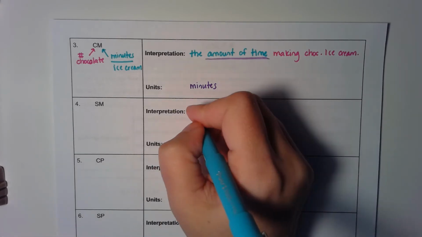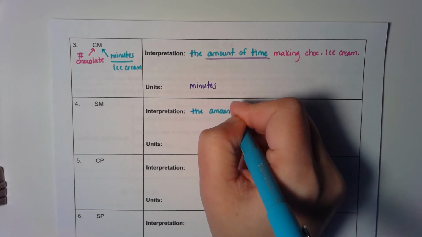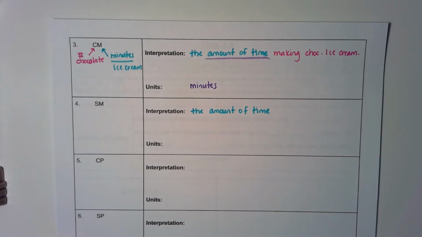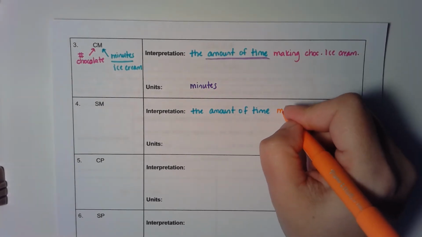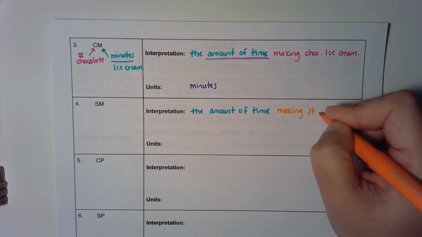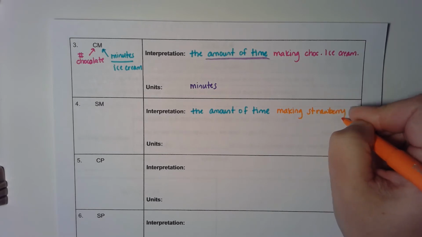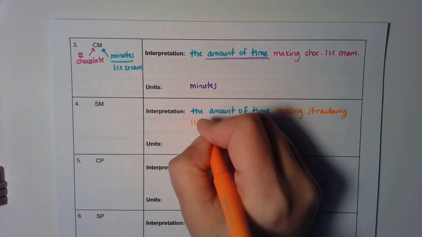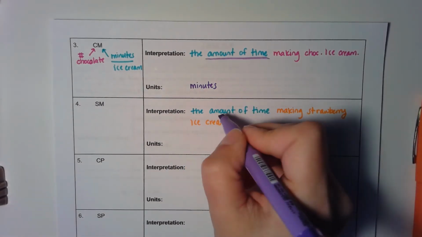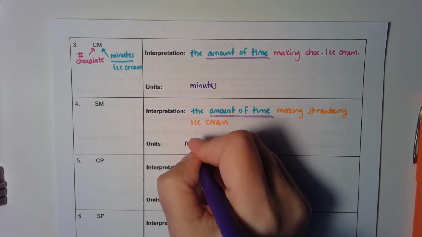It's going to be the amount of time, because M is for time, that we spend making strawberry ice cream, because this time it's just S instead of C. And again, our units here, if we're finding the amount of time it takes to do something, is going to just be minutes.